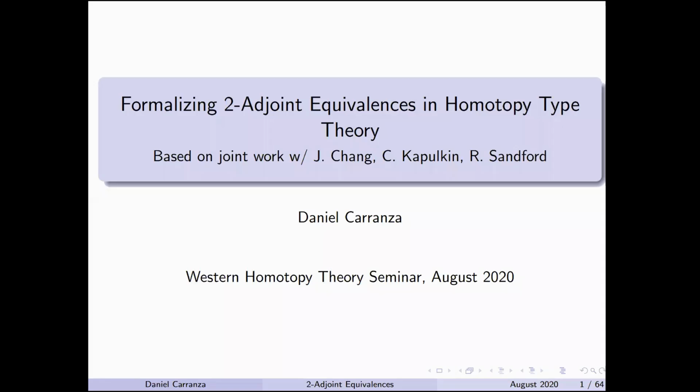Okay. Well, our speaker today is Daniel Carranza, an undergraduate student at the University of Western Ontario. And I should say that Daniel started working on this topic when he was a second-year undergrad and only took basic linear algebra, and somehow checking linearity of some simple transformations was harder for him than working out the details of two adjunctions.